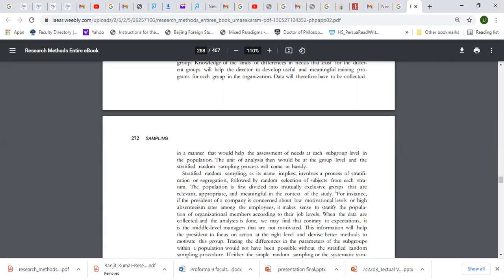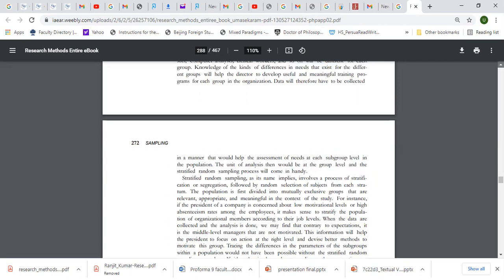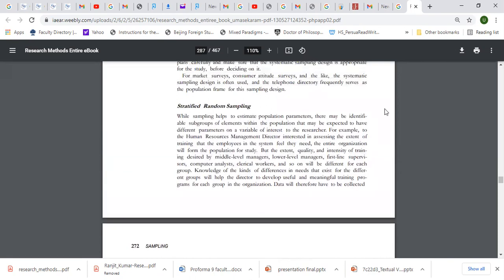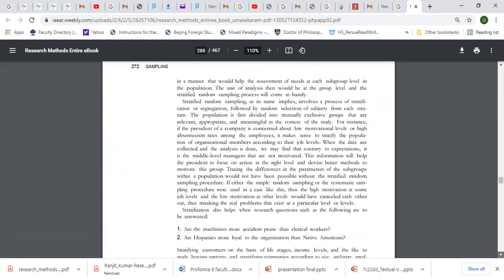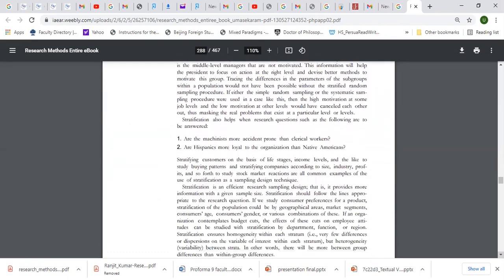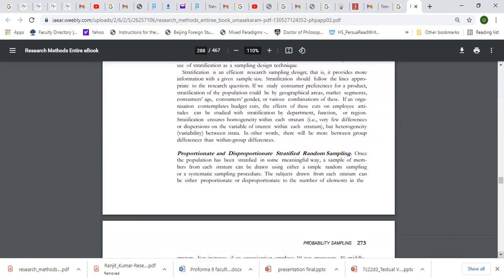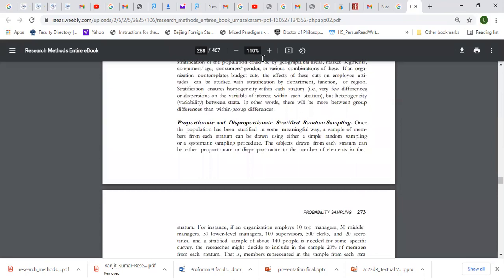So this is how you conduct stratified random sampling. Means you form groups, or groups are already made, and then you select people from those groups.